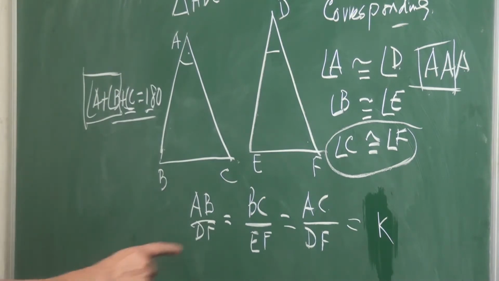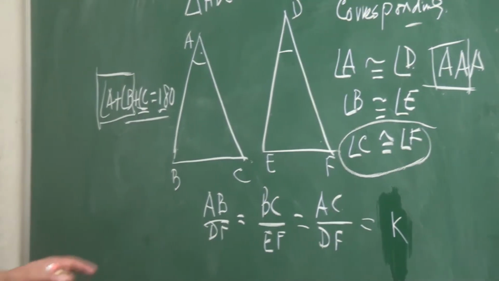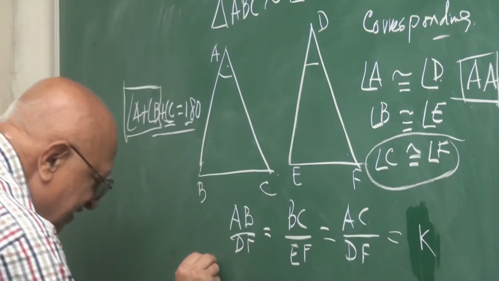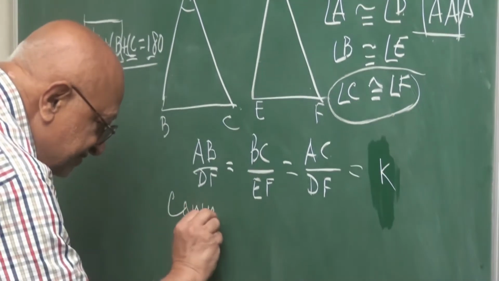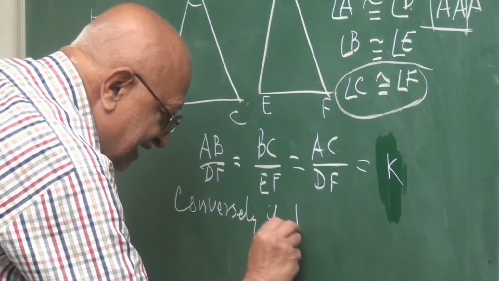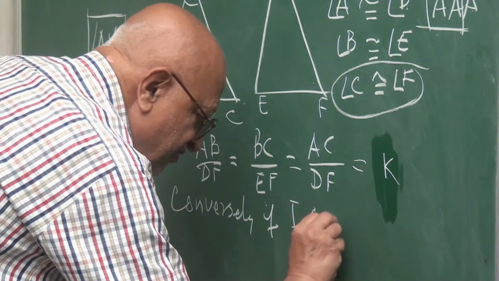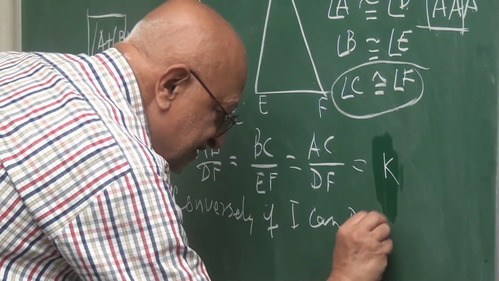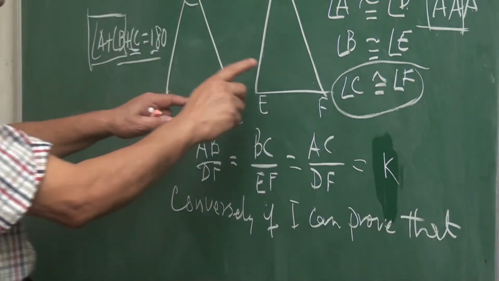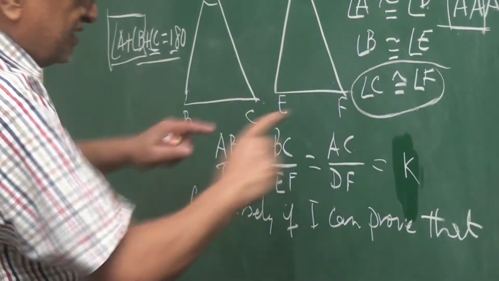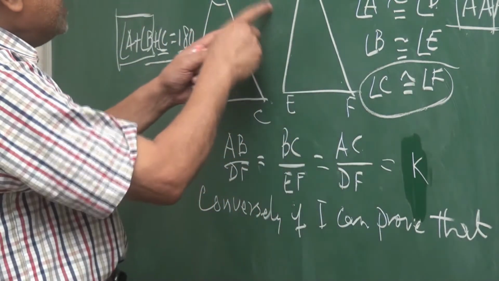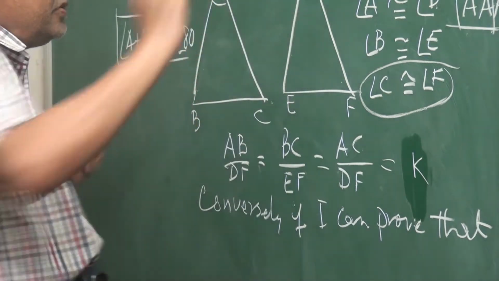So this is called, or conversely, if I can prove, or one can prove that the two angles are congruent, and implied that the three angles are congruent, and this ratio is maintained, then I can say ABC is congruent to DEF.